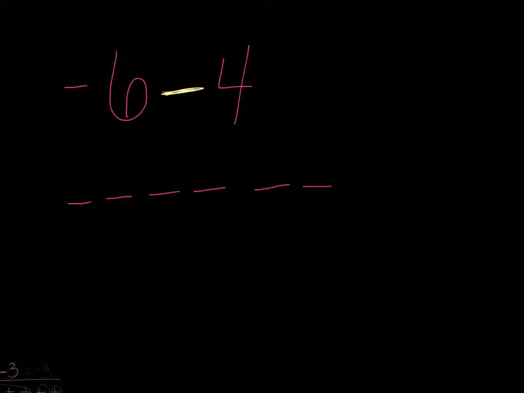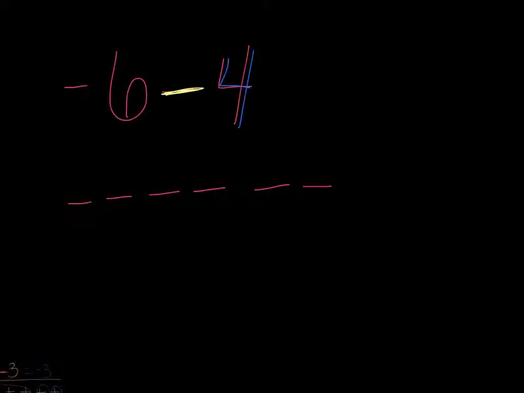Let's try one of these. Negative 6 minus, I don't know, 4. Alright, build the first number. We're building negative 6: 1, 2, 3, 4, 5, 6. We're just removing 4 here. We don't have 4 to take away, so what we need to do is put on some 0 pairs.